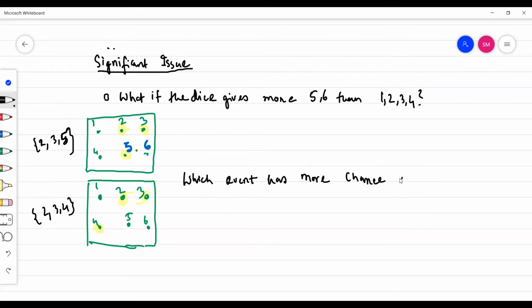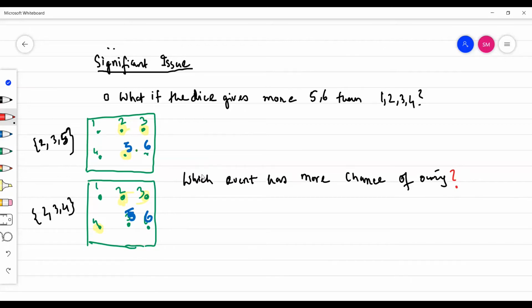In the second example, everything has equal weight, so everything has equal chance. Now which has more chance of occurring? We have chosen the same framework.